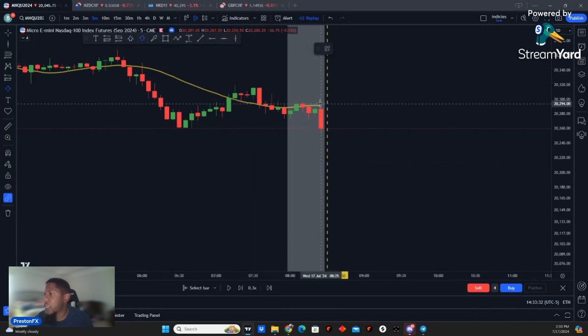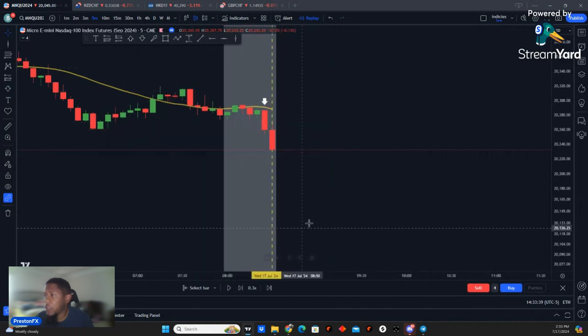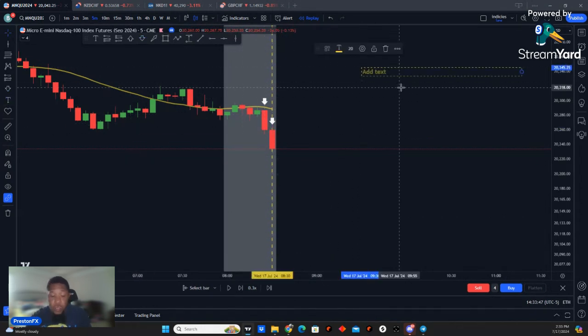This is one, so that's 2 candle highs, I'm sorry. Then look at this. 8:30 hits. Now this is mine right here. So let's go over this. The trend is bearish.